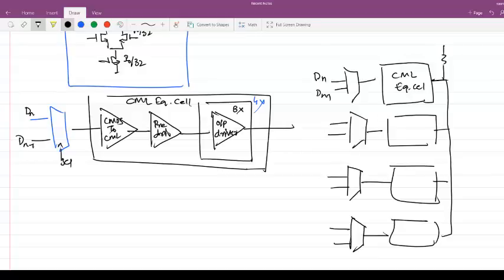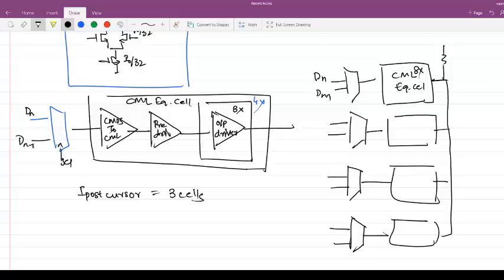Now if you do it in this particular manner, you are reducing the parasitics, but the problem is your resolution has gone bad. How has the resolution gone bad? See, this is an 8x cell, right? If I want to realize, for example, a post cursor of only 3 cells, but I select the whole branch for dn or dn minus 1, I can select either dn minus 1 or dn.